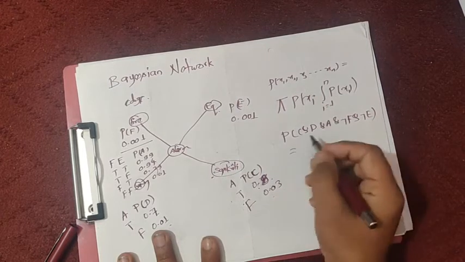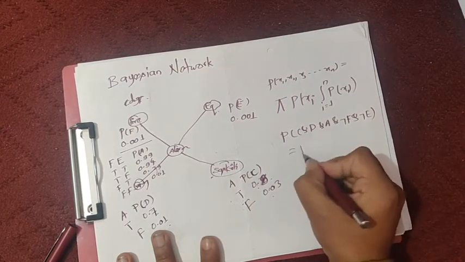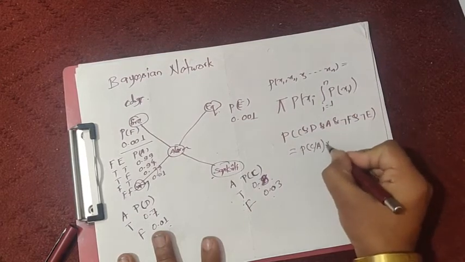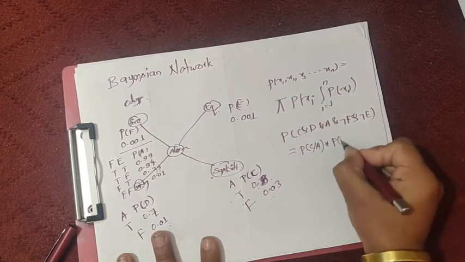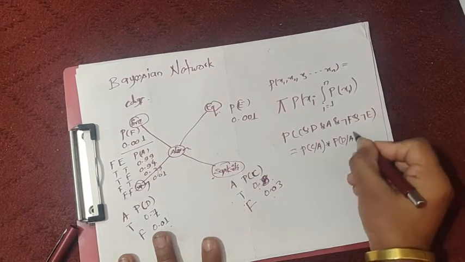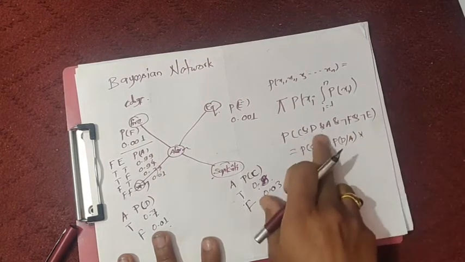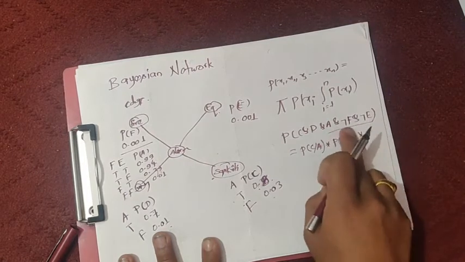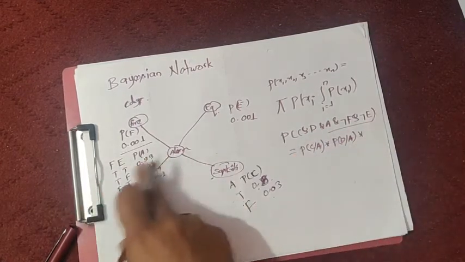That can be expressed as the probability of C given A, times the probability of D given A, times the probability of A. For the alarm we have to take the condition of F and E because it is dependent.